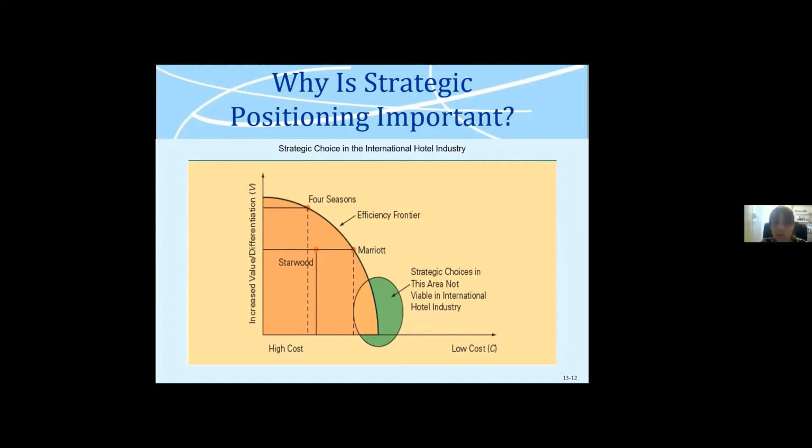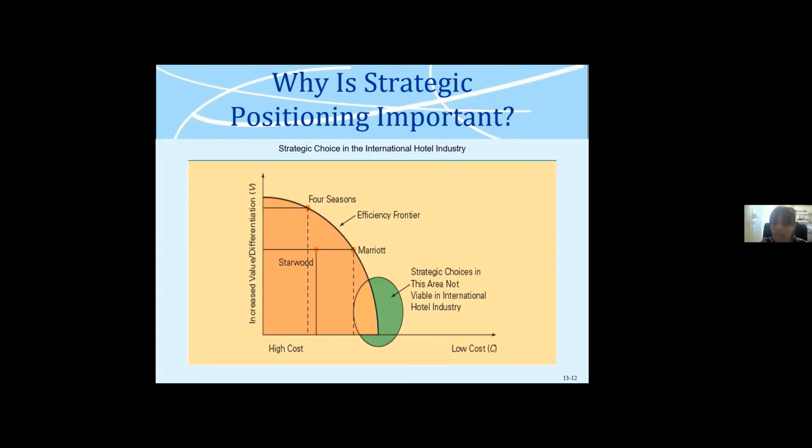The other two firms, Marriott and Starwood, are positioned more in the middle of the market. Both emphasize sufficient value to attract international business travelers, but are not luxury chains like Four Seasons. In the figure, Four Seasons and Marriott are shown to be on the efficiency frontier, indicating that their international operations are well configured to their strategy and run efficiently.